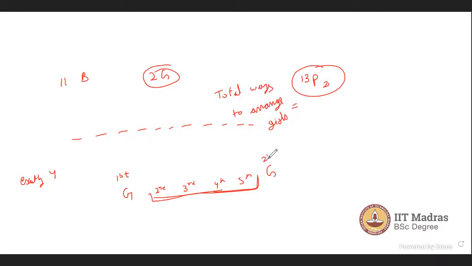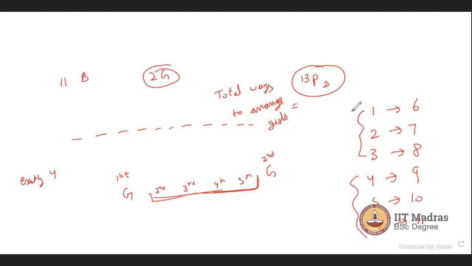Then the second girl, right? So I can arrange the first girl at 1 and another at 6. Similarly, first at second and another at 7, because the third, fourth, fifth, and sixth places will be taken by boys. Third and eighth, fourth and ninth, fifth and 10th, sixth and 11th, right? So there are 1, 2, 3, 4, 5, 6 ways.